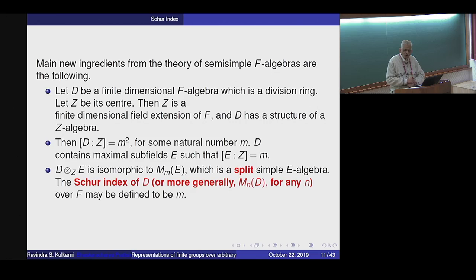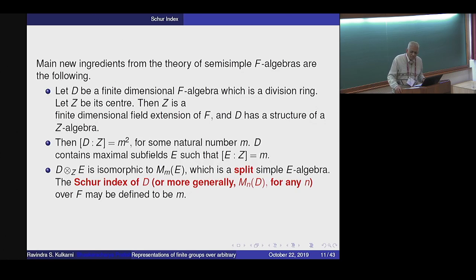At the time Schur wrote the paper, I think some of the arguments were not understood by the readers, and they became understood after the theory of semisimple F-algebras was developed, after Wedderburn's work.